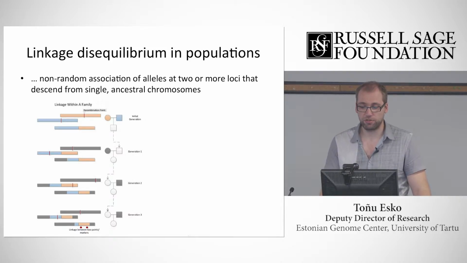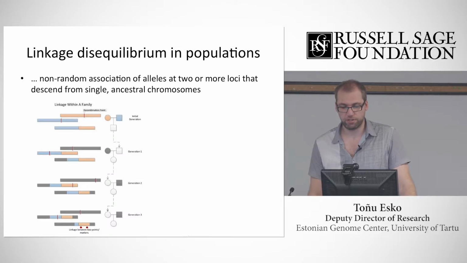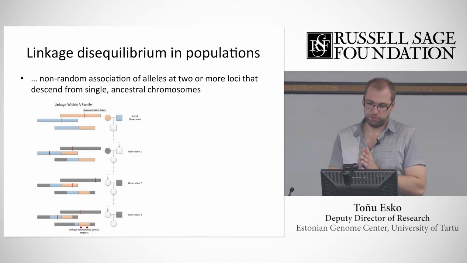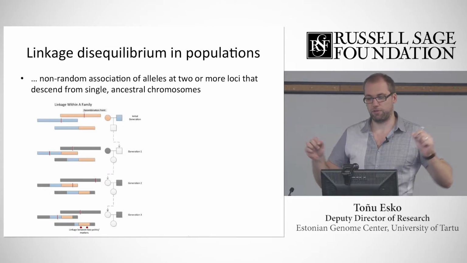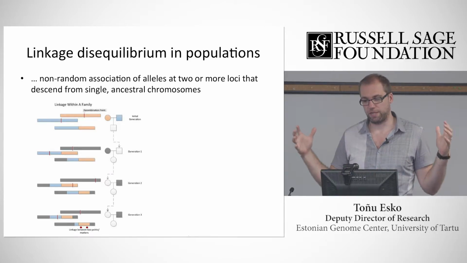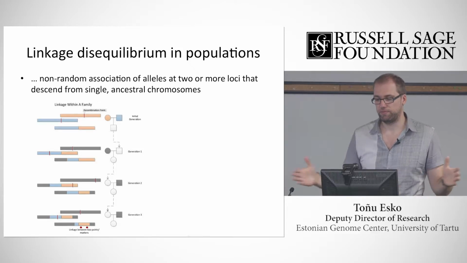But the same thing is true in the population, because there we have an initial generation with a certain number of chromosomes, and those have haplotype blocks of varying lengths.